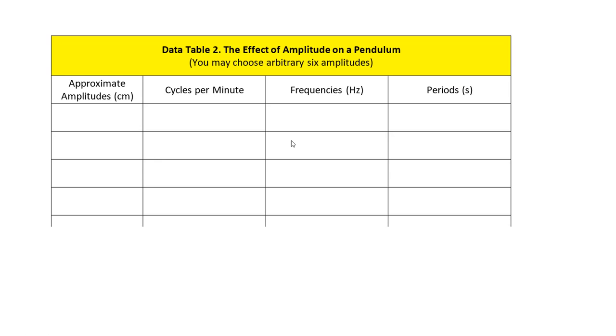The ruler, additional ruler there. How to change the amplitude? By just controlling the angle, you can find the amplitude.